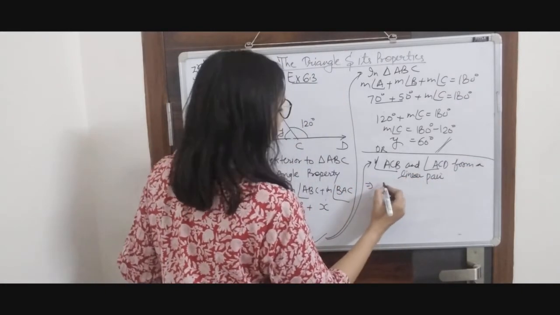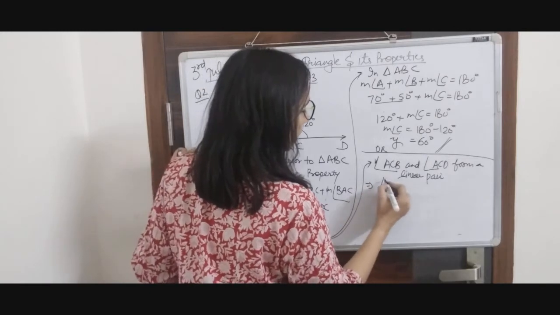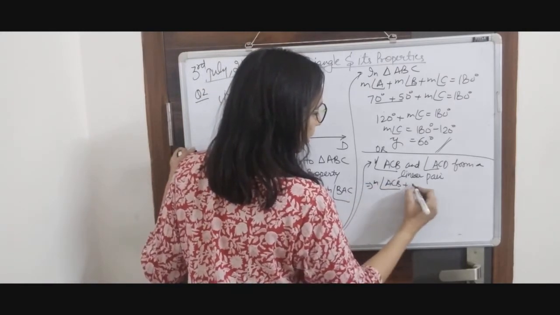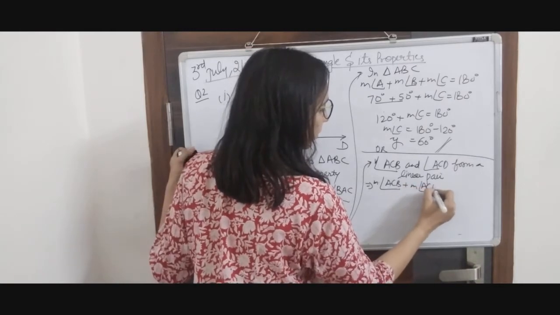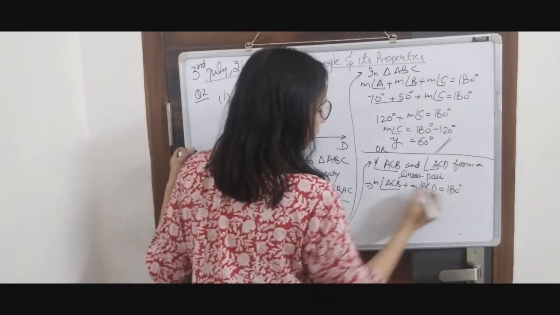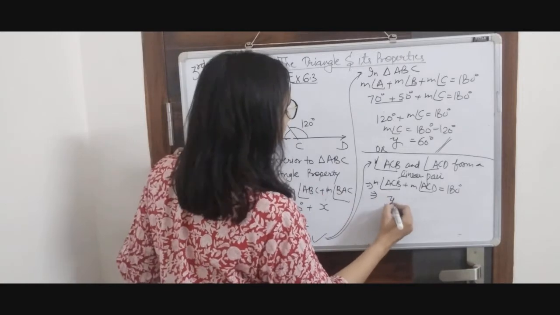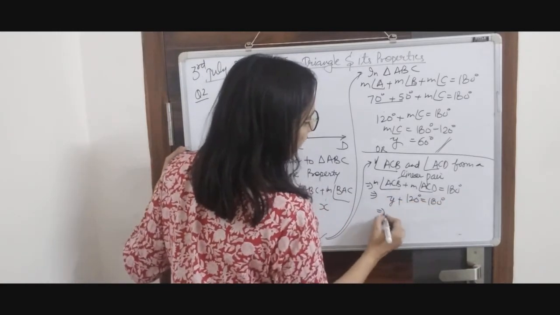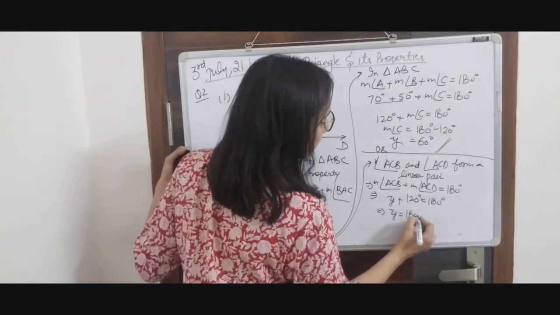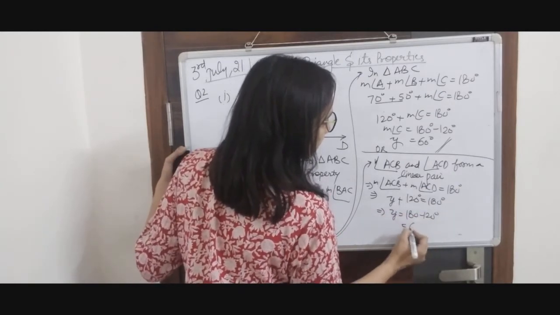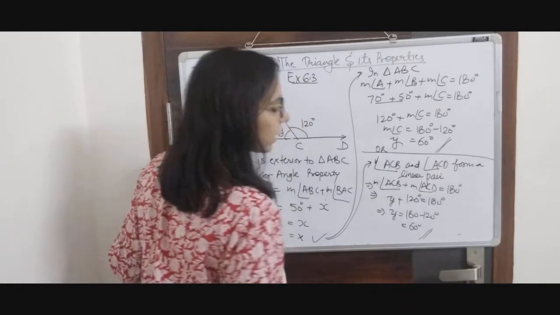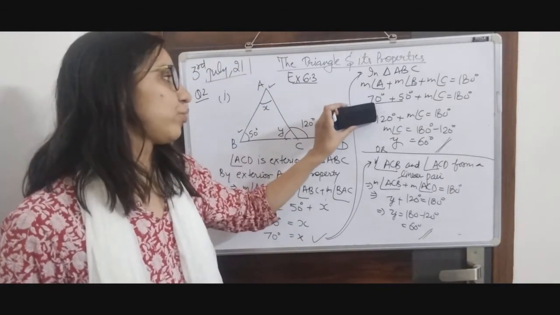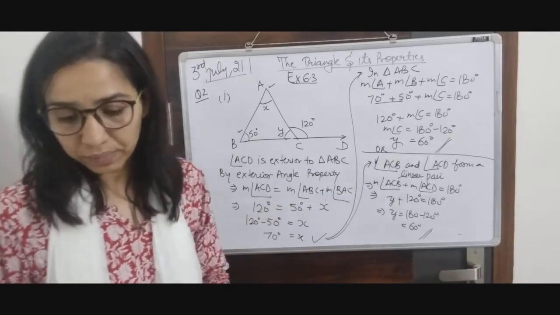Implies measure of angle ACB plus, this is C, plus measure of angle ACD is going to be 180, or you can say that it is Y plus 120 is going to be 180 degree. Implies your Y is going to be 180 minus 120, that is 60 degree. So in both the cases you will get the same answer. You can, for part 2 you can use this one or this one.